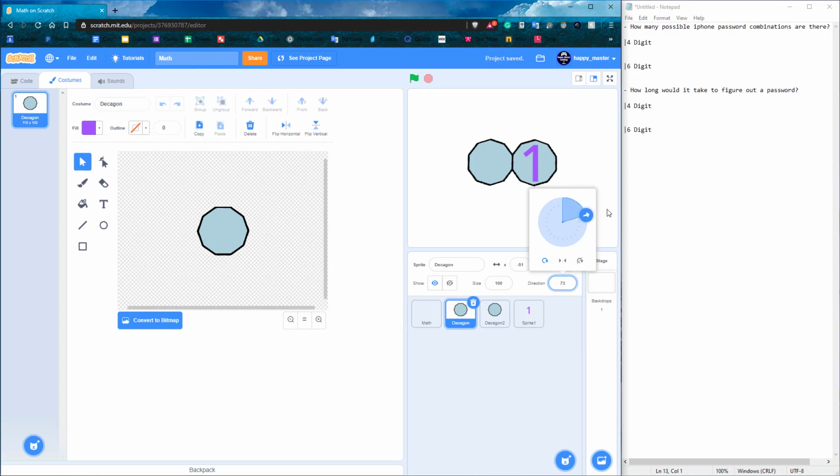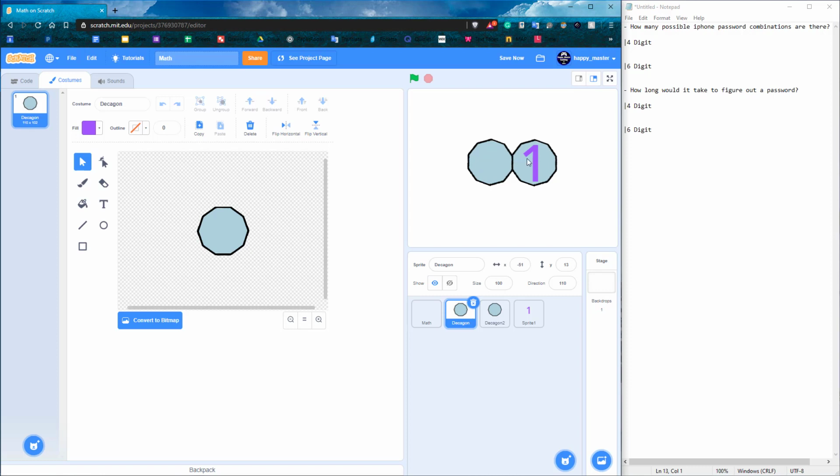That's all 10 different combinations, and then going back to 0. So if this is 1, then the other can be 10 different things. Since it can be 10 for every one of these, you just multiply 10 times 10, and there are 100 different possible combinations if you have a 2-digit password.